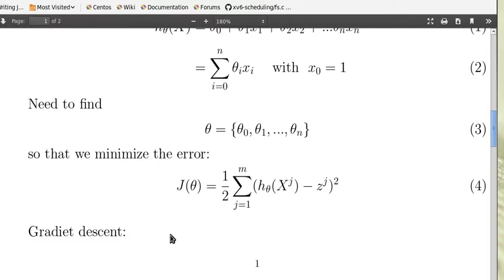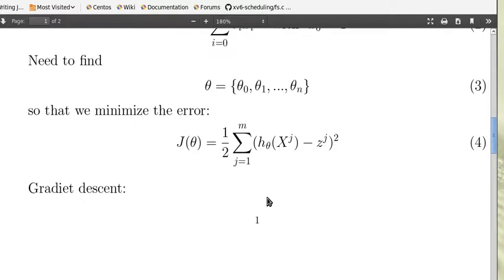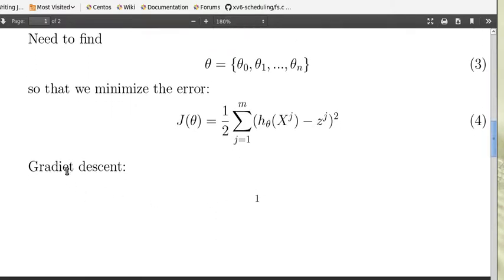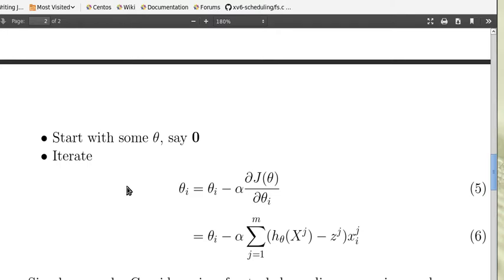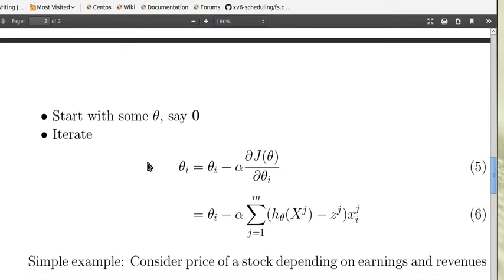So to find theta 0, theta 1, up to theta n, a popular method to do this is gradient descent. So the algorithm is like this. We start with some theta, say the 0 vector, and then we iterate: theta i equals theta i minus alpha times the partial derivative of J of theta with respect to theta i.